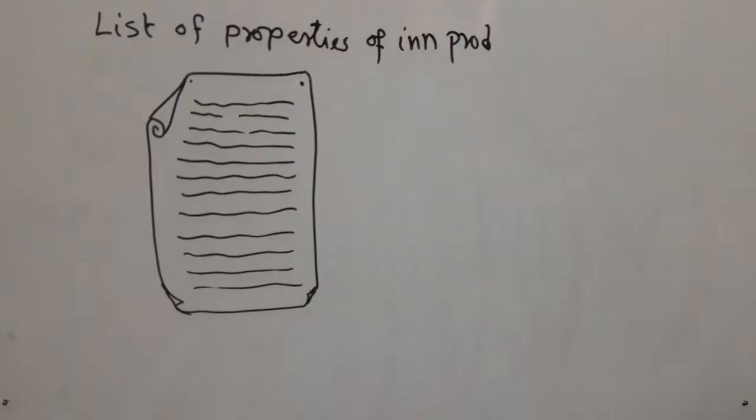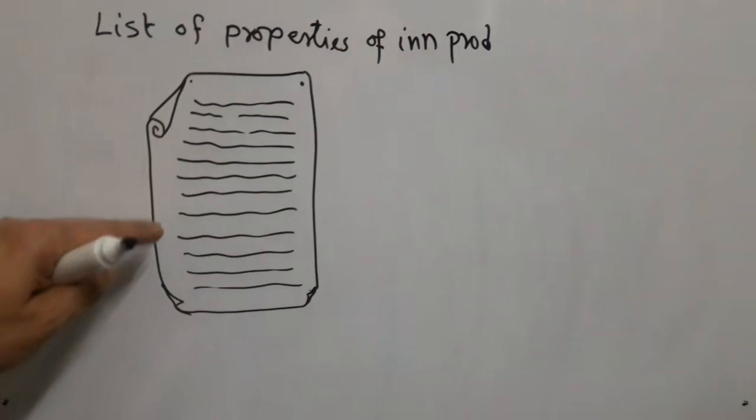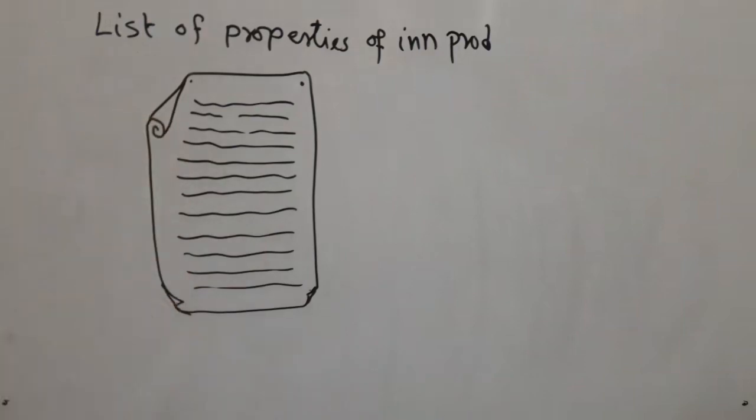In order to avoid these two problems, we take a different approach. We start by making a list. We make a list of all the properties of inner product that we use for proving different useful theorems. Now that's a long list. Now in this list there are various properties which are actually consequences of other properties already in the list.